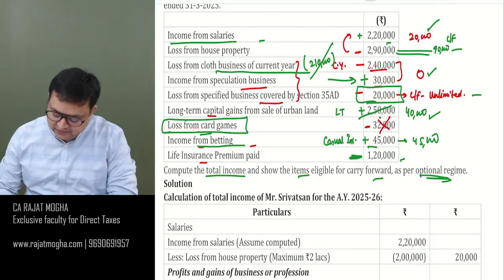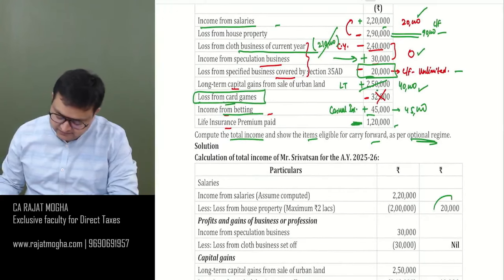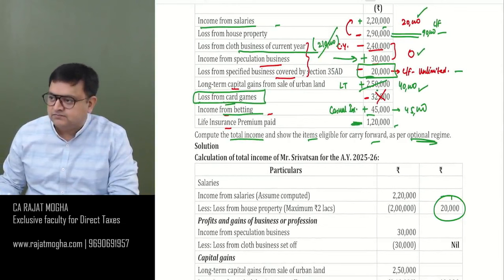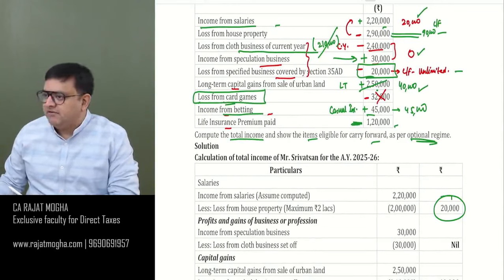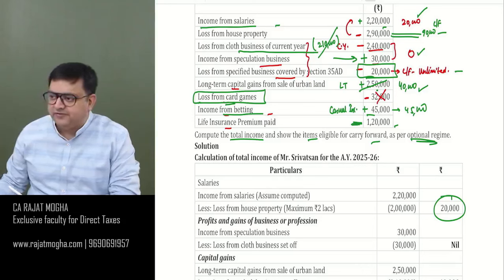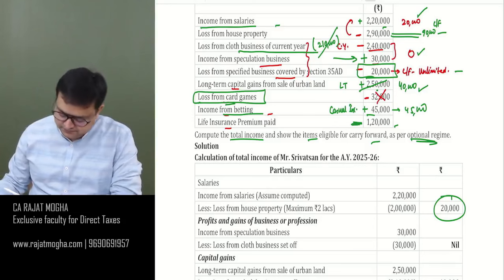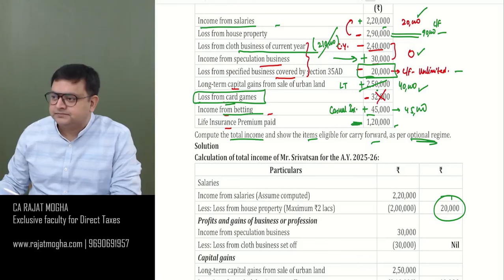The PDF is 30,000, this one. I think Deepa, when have you seen this? When have you downloaded this PDF? Today in the morning?